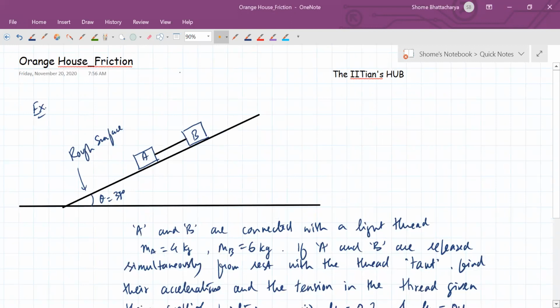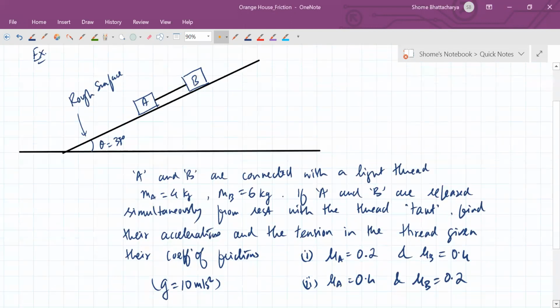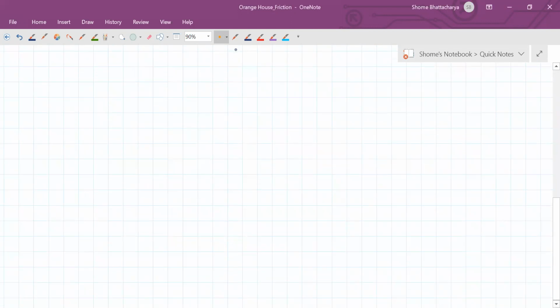So as I was saying, the first thing you have to understand is will the blocks move with common acceleration, or will it be that B moves faster than A? Here there are two cases possible. One is that they will move with common acceleration, but that will happen only in the case where A is pulling B so that the string is tight.